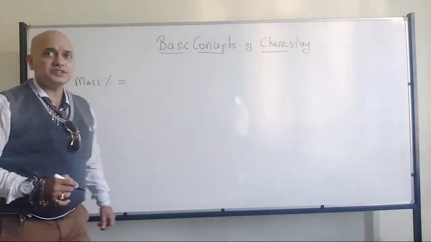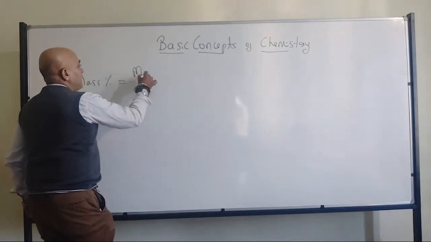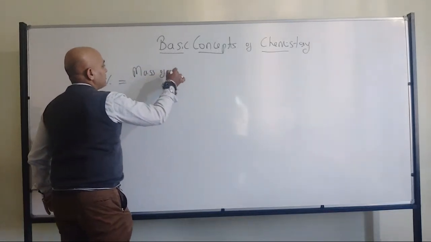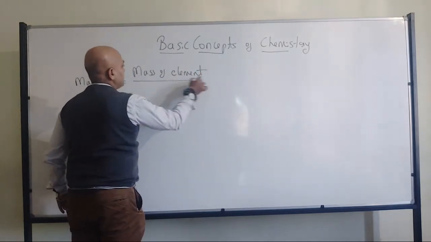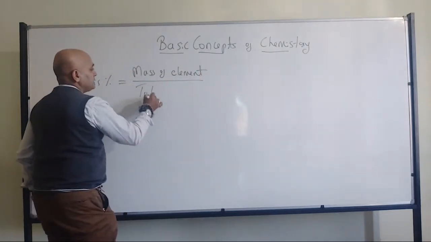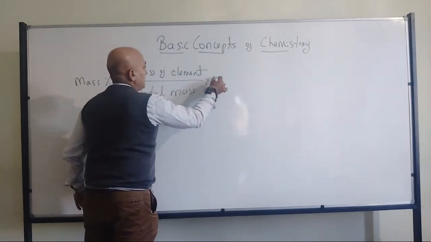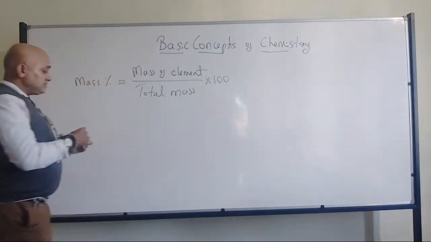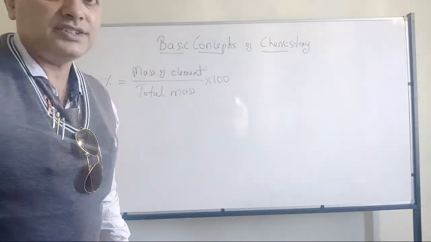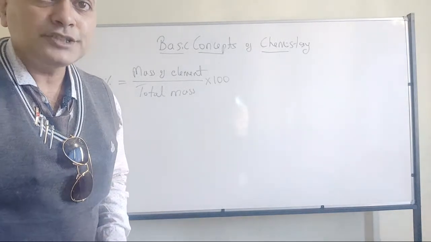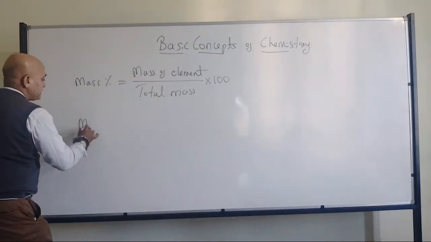Mass percentage of any element is the mass of the element in which we are interested divided by total mass multiplied by 100, because it is a percentage.